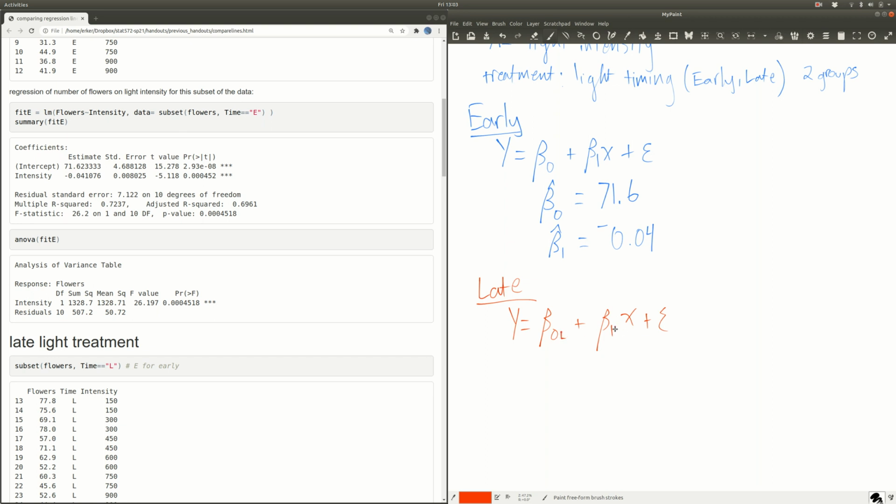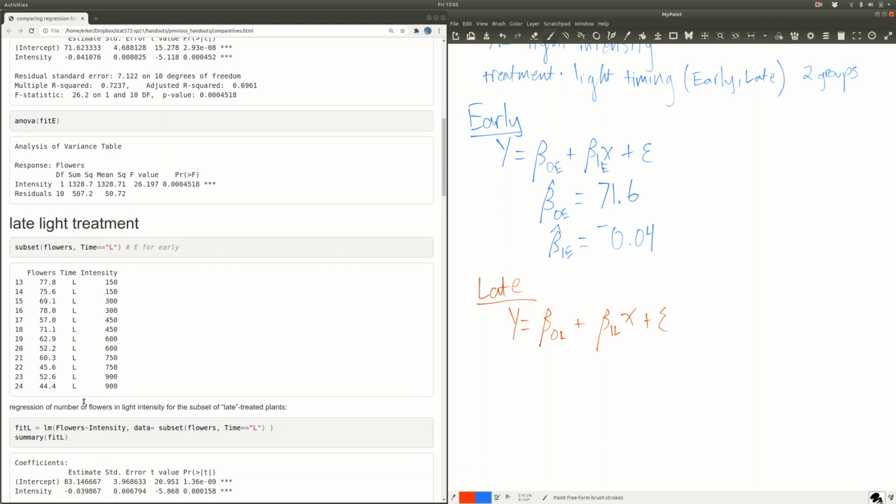So we'll use L to distinguish between early and late. We'll put some E's here. Alright, so hopefully that makes sense to you guys. I'm just going to add an E to indicate that this is the early and this is the late, the L for late.